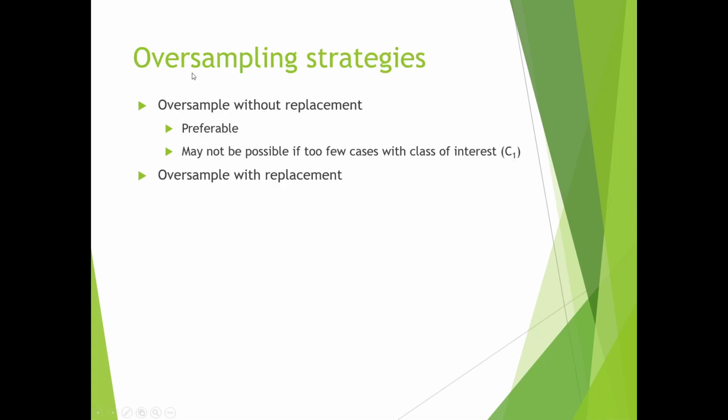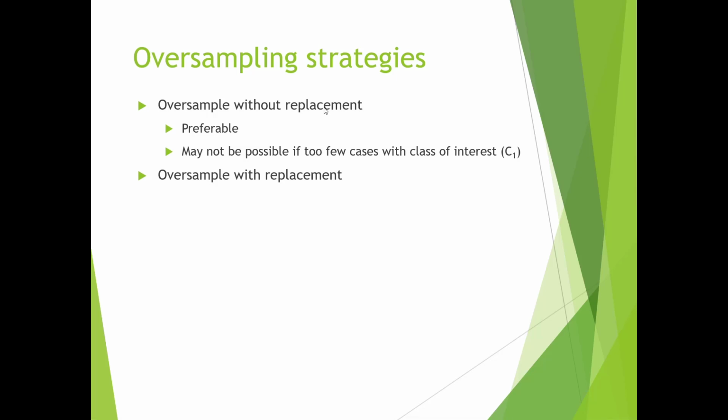Okay? So that's your oversampling. So oversampling strategies, so you do it without replacement. That means you don't repeat or resample the same observation again. That is often not feasible, especially if you have very few, like 1% of the cases or events, 99% non-events. That 1% is not sufficient for you to build enough of a sample to run the models.